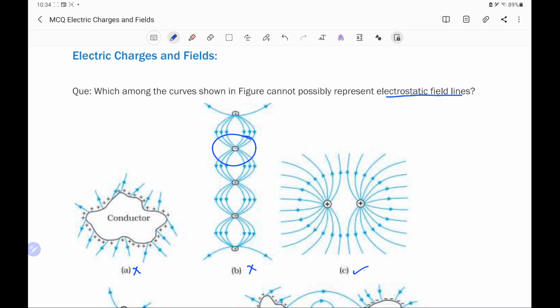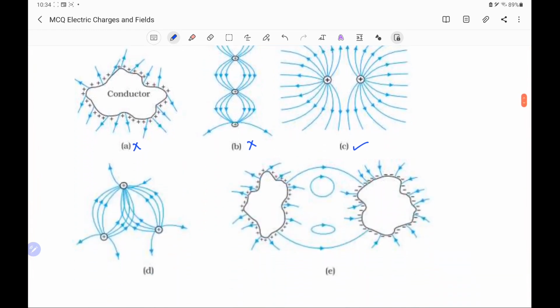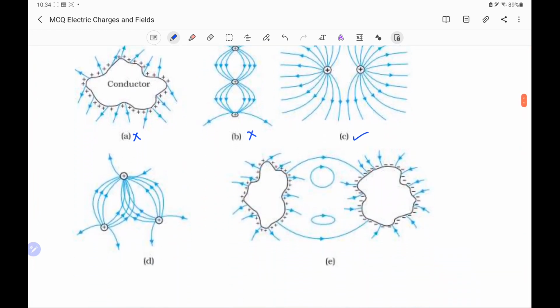Option C is correct because it is representing two positive charges and the field lines are repelling. If we consider option D, here field lines are crossing, and the property of field lines says that two field lines never cross because it would mean there are two possible directions of the electric field, which is not allowed.